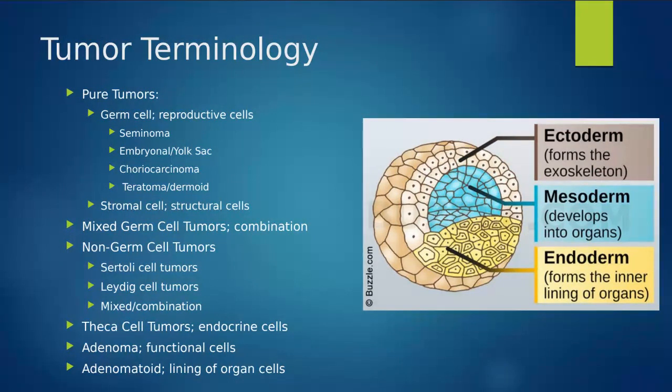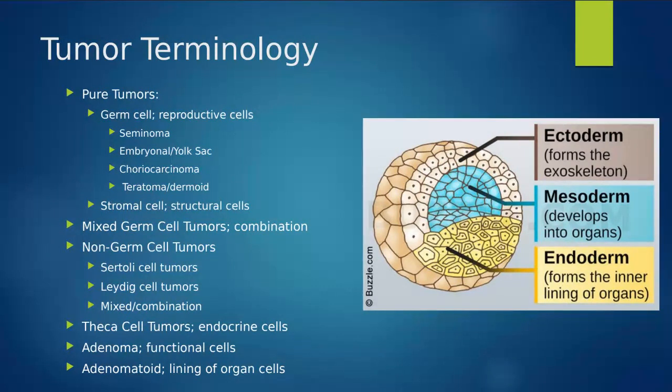Bear with me. We're not going to get too crazy. We also have theca cell tumors. These are also known as thecomas. These are made up of endocrine cells, so a little bit different. Again, we're not talking about reproductive here or structural. We're talking about endocrine cells resulting in theca cell tumors or thecomas.